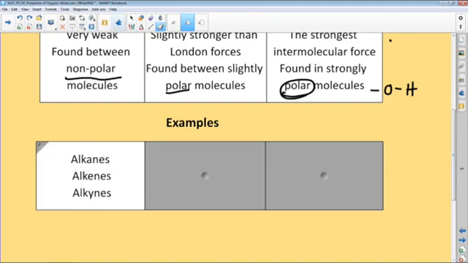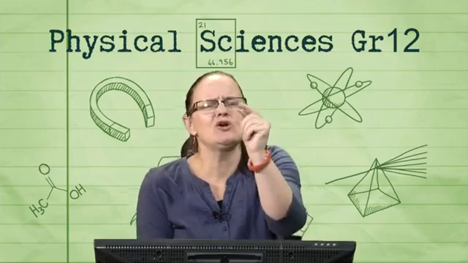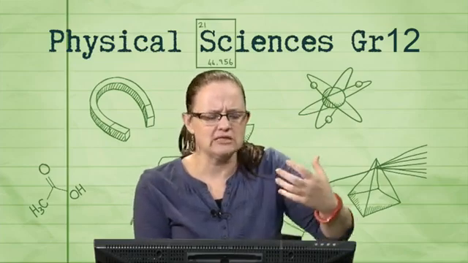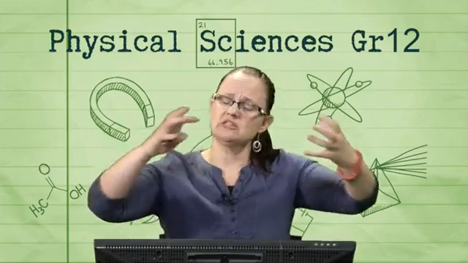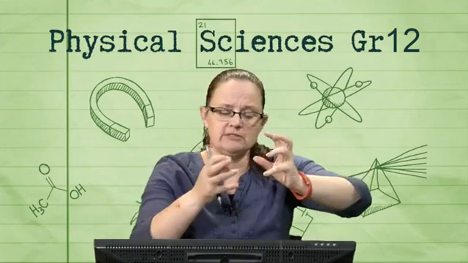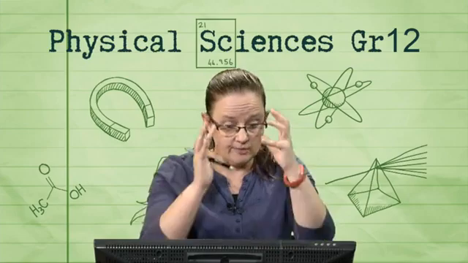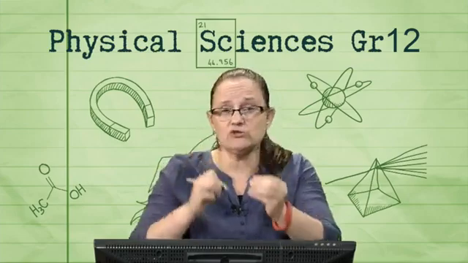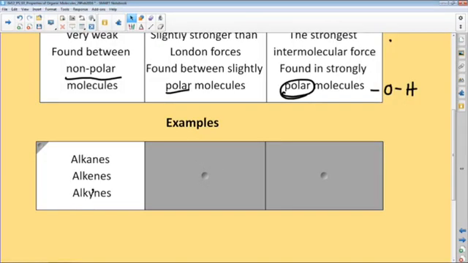The bond between carbon and hydrogen is considered to be non-polar. It's so slightly polar that we can ignore it. And also because of the shape of the molecule and the way it bonds, they're non-polar molecules, okay? So we remember that. Our dipole-dipole forces are found between, what?